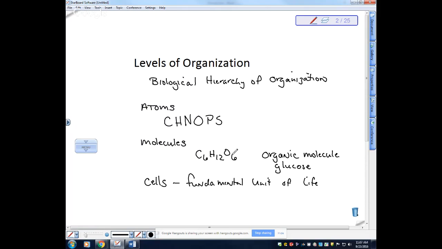Even organic molecules are not considered to be alive. Even enzymes, I know on some packaging they say that enzymes are living, but what they really mean is that the enzymes are active, so they haven't been broken down or denatured. And so cells, unlike molecules, are living. We're going to talk about the characteristics of living things in a few moments.